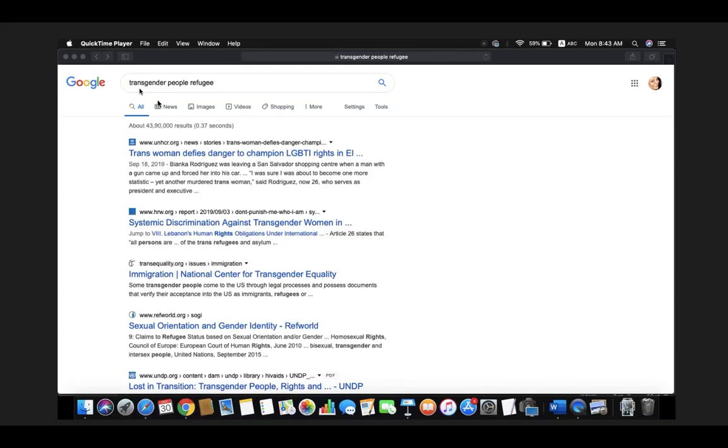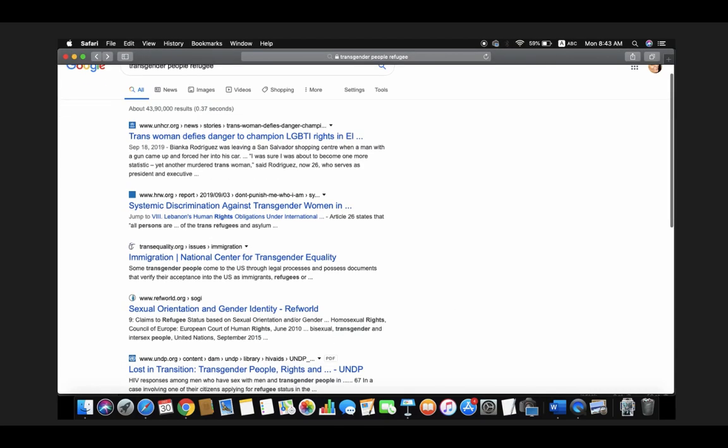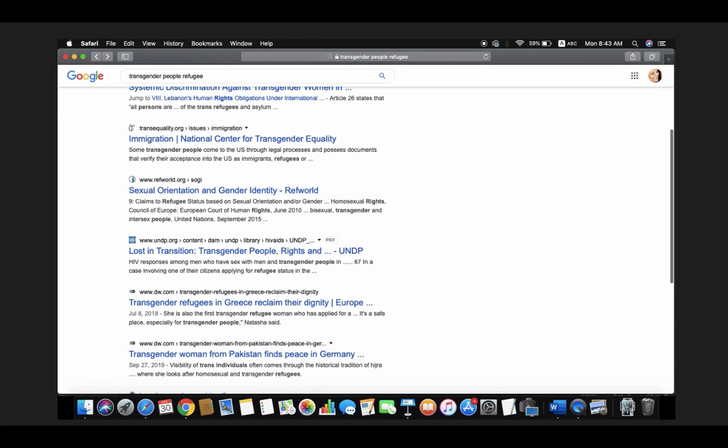I searched for transgender people, refugee. That is the keywords that I used. Transgender people, refugee. And I look up what comes below. You can read some of these articles that you get. Systemic discrimination against transgender women, transgender equality, sexual orientation and gender identity. Go down, go down.